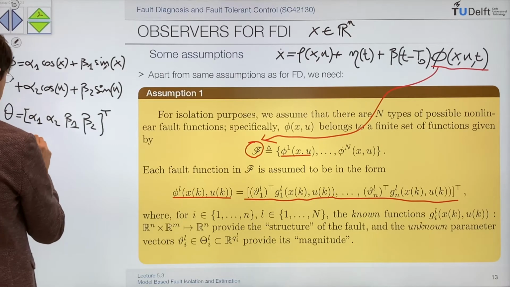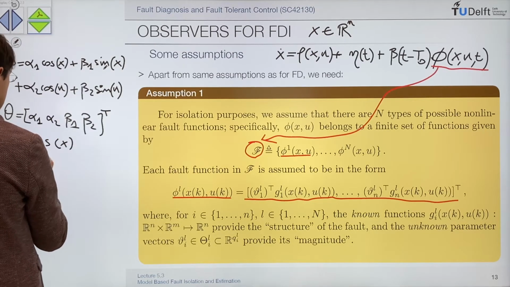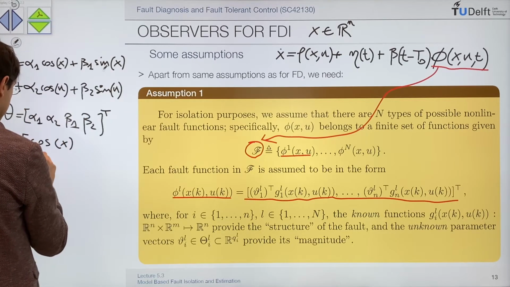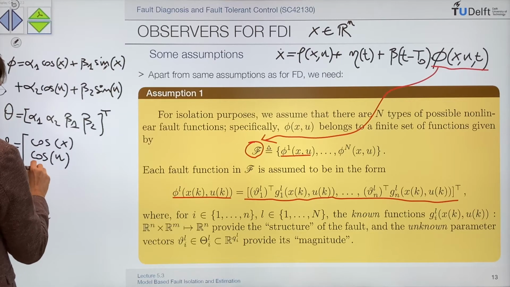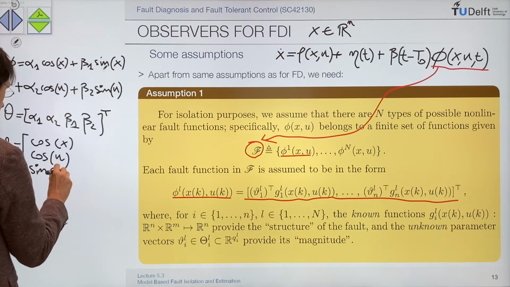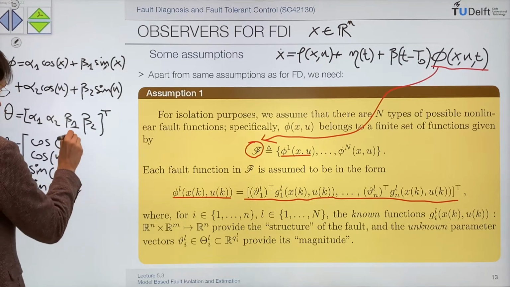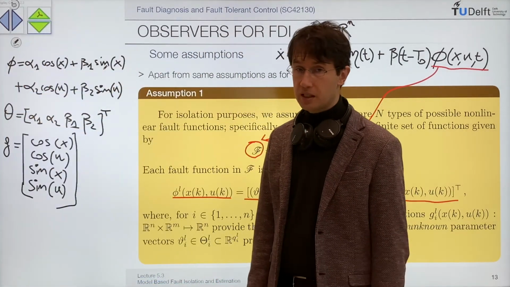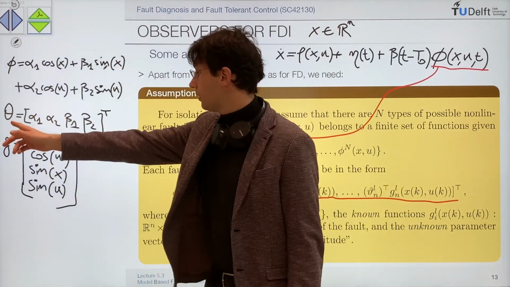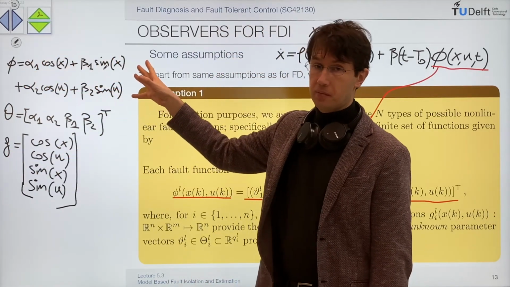So you have cosine of x, cosine of u, sine of x, and sine of u. So you easily see that if you multiply theta by g, you get this expression here.